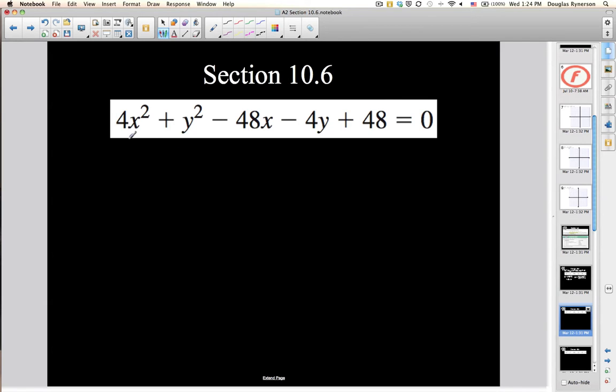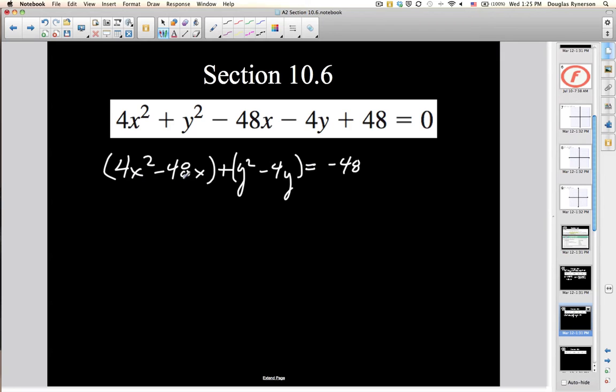So if I start to rearrange my equation so that my x's are together and my y's are together, I can have 4x squared minus 48x plus y squared minus 4y, and then I'm going to move the constant to the other side of the equation, equals negative 48.